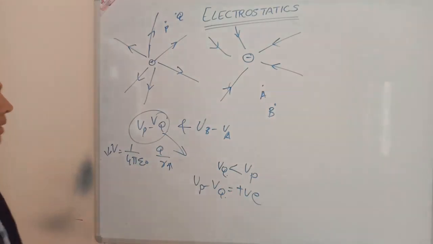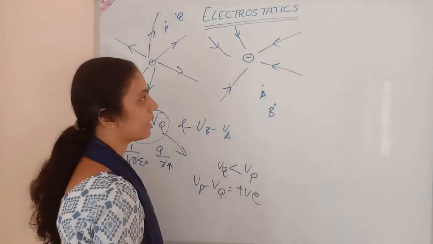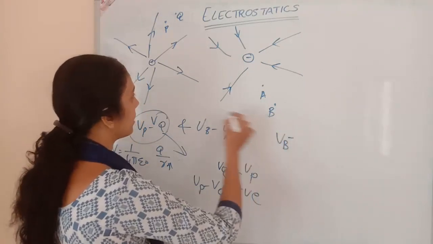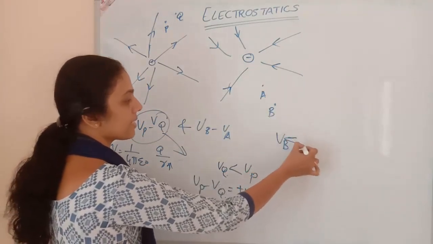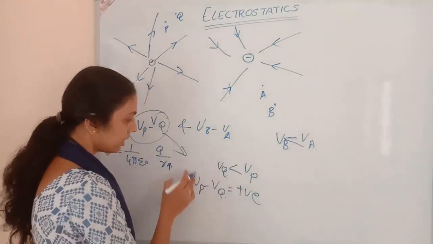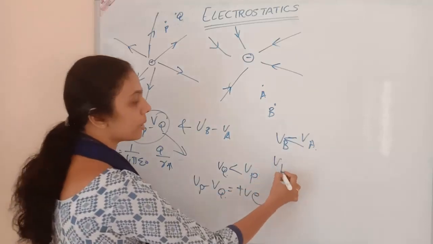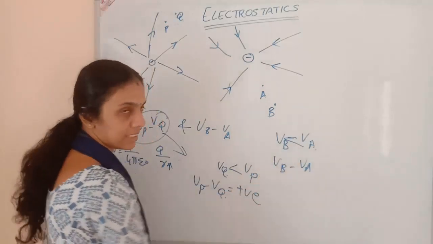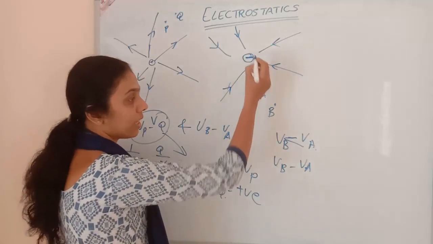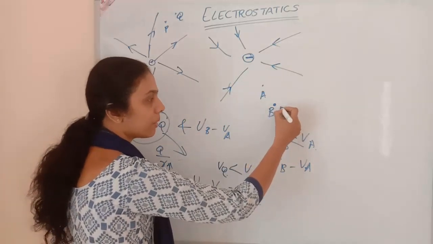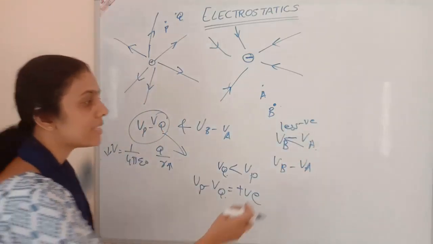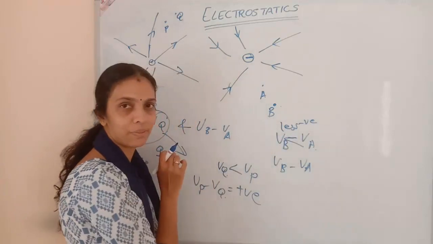The same way, tell me what will be Vb minus Va here? Distance is more, so Vb is less than Va. Same as here, we could write Vb minus Va as positive, right? But this is a negative charge. That means Vb will be less negative and Va more negative.